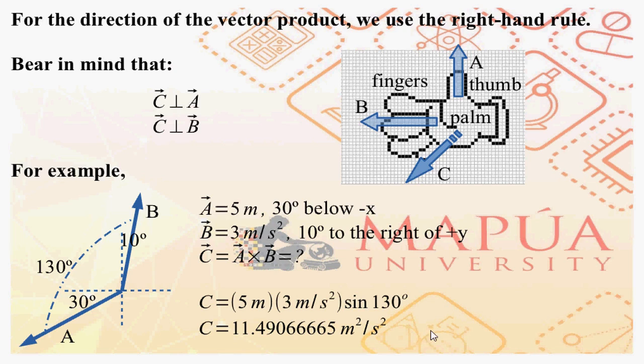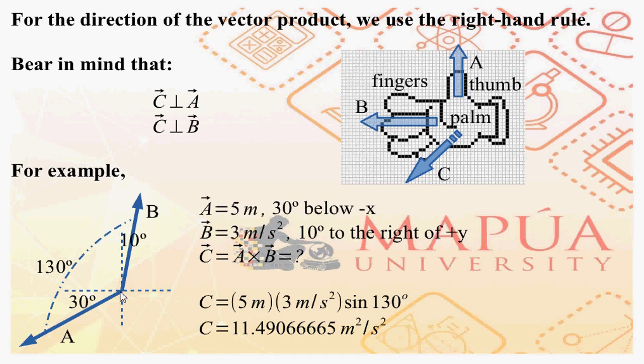Now for the direction of vector C. Again, for the direction of the vector product, use the right hand rule. Place your right hand on the drawing, orienting your thumb with the first vector.